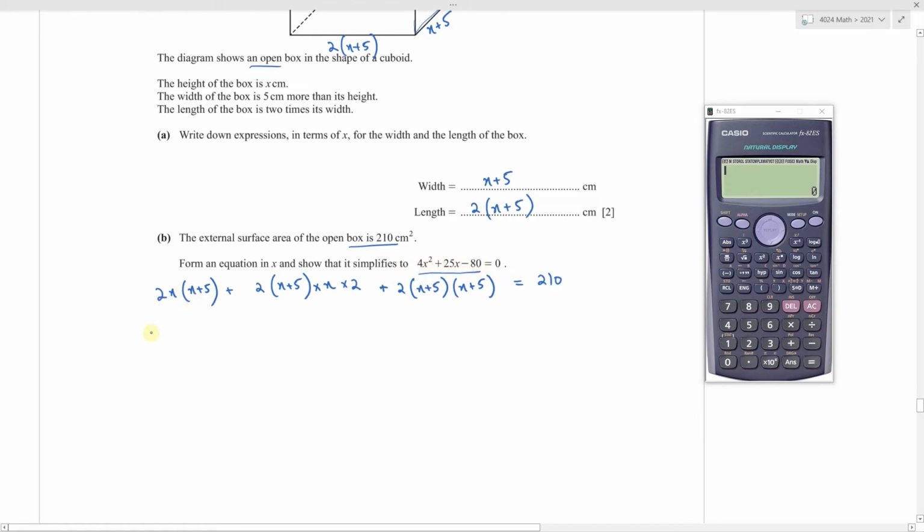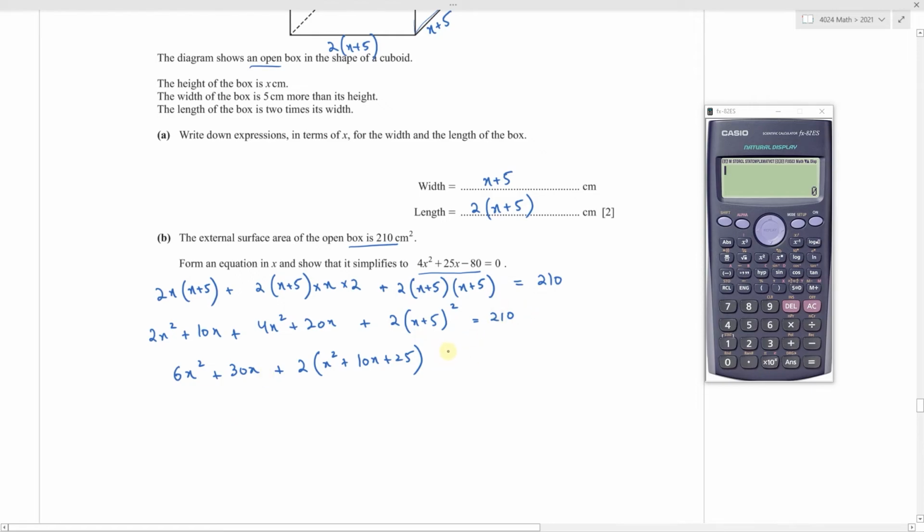So if I multiply this inside, I'll get 2x squared plus 10x plus, so this is 2x, so 4x. 4x is being multiplied by x plus 5. So this will be 4x squared plus 20x plus 2 into x plus 5 whole square equals to 210. So 2x squared plus 4x squared, 6x squared plus 30x plus 2 times, I'll open this square, so this will become x squared plus 10x plus 25.